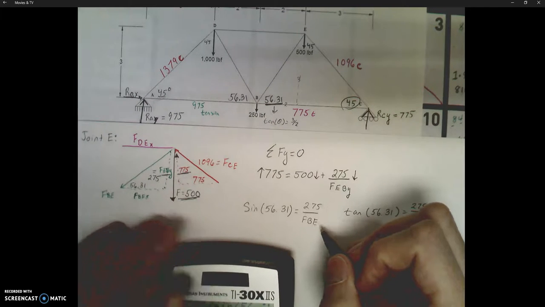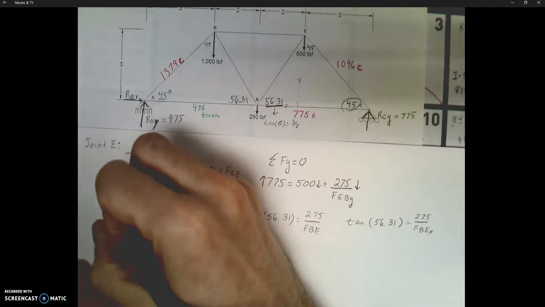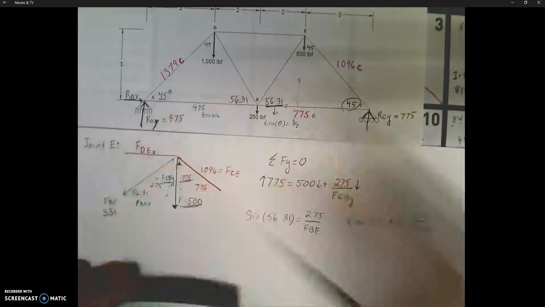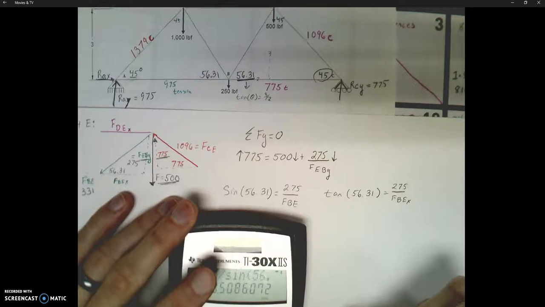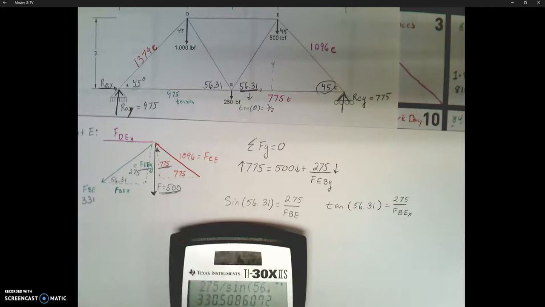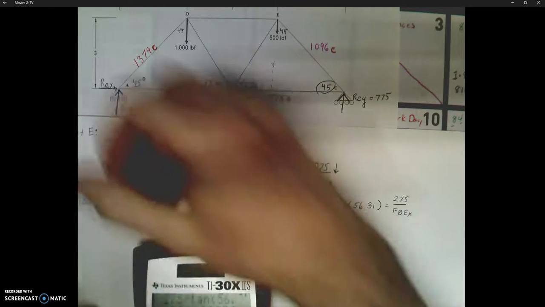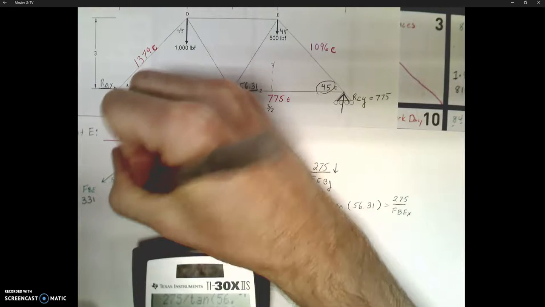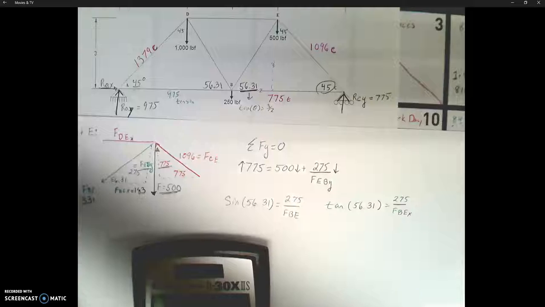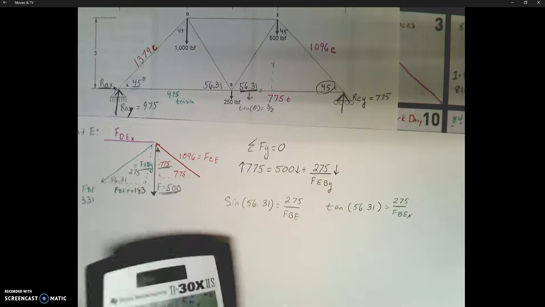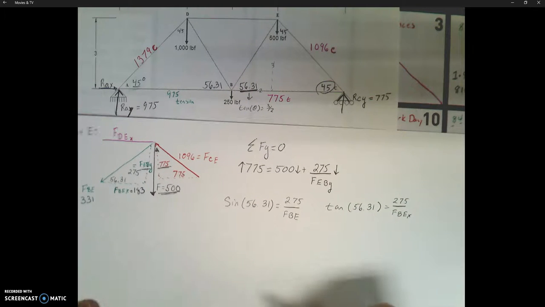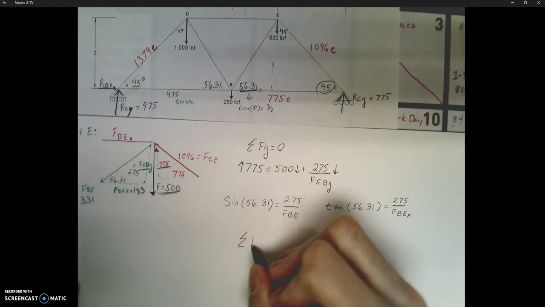We had 275 divided by the sine of 56.31. We have the force of member BE is equal to 331. Then we've got to solve for the force of BEX, just to keep things constant, just in case we need to use it somewhere else when we're trying to solve something. We go through and we take that 275 divided by that tangent of 56.31, and we end up with 183.